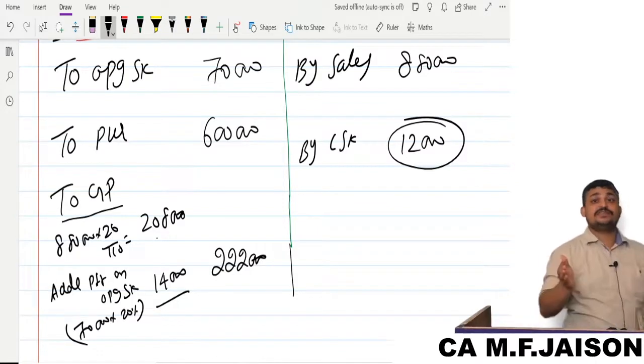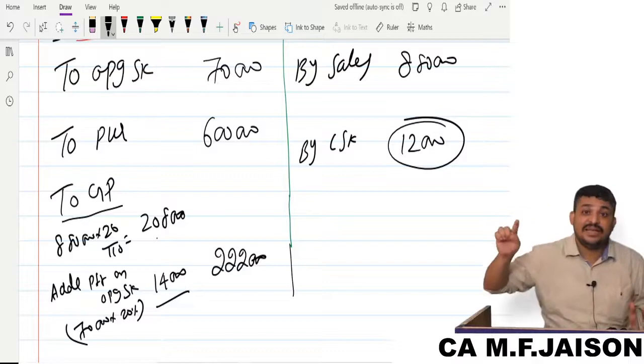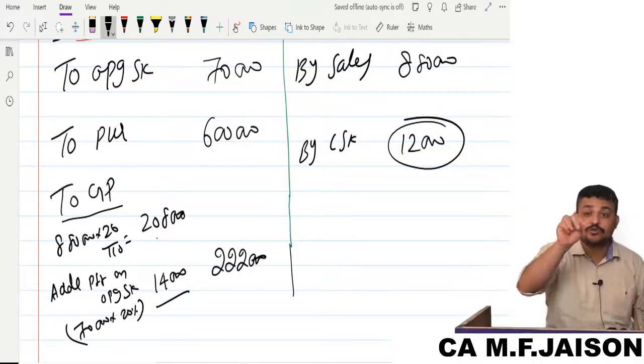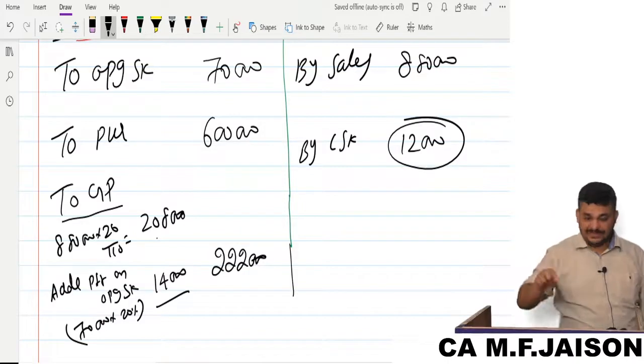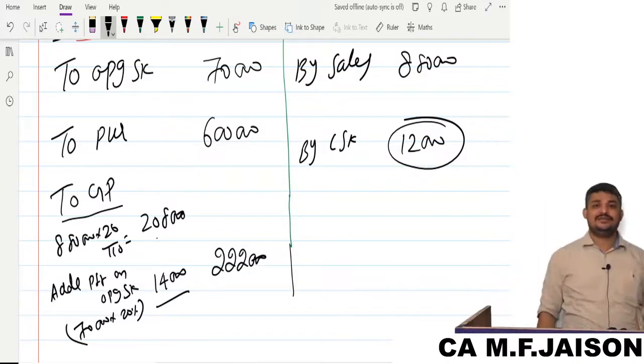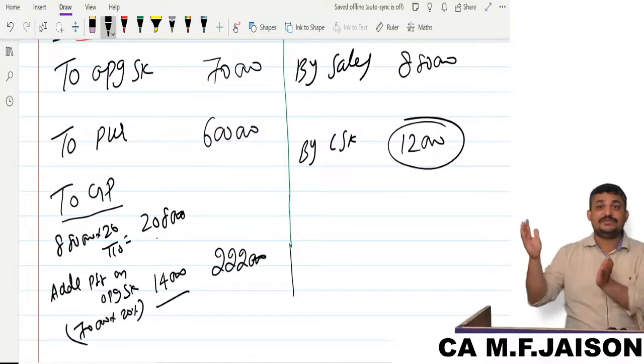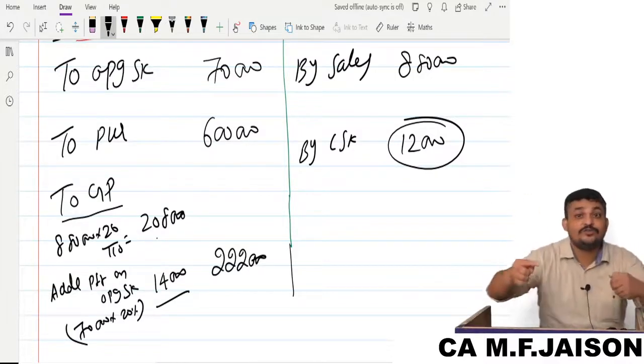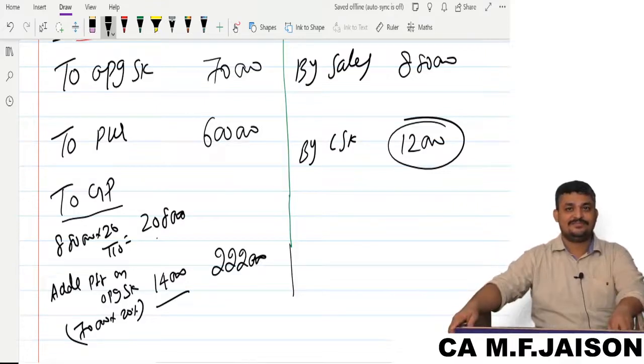But last year's purchased goods, 20 minus 5 is the profit, which means the extra profit is 2 rupees. And the extra profit is to be accounted. Extra profit is nothing but the difference between previous year cost price and current year cost price.